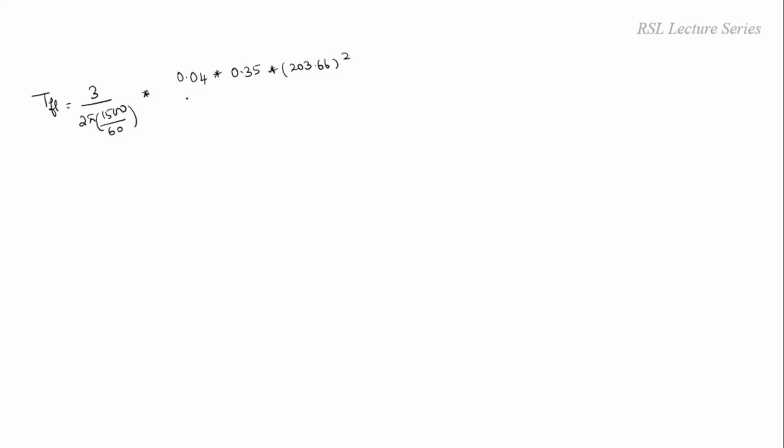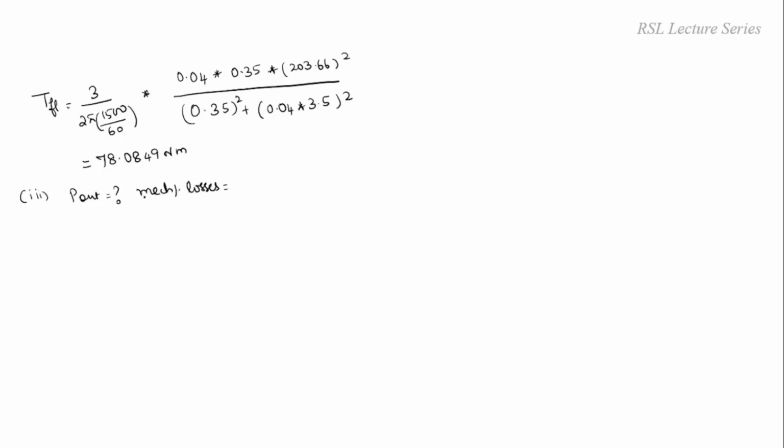So E2 square divided by R2 square plus SF X2 whole square, that is 0.35 square plus SF 0.04 into X2 3.5 whole square. On simplification, the torque corresponding to full load will come around 78.0849 Newton meter.